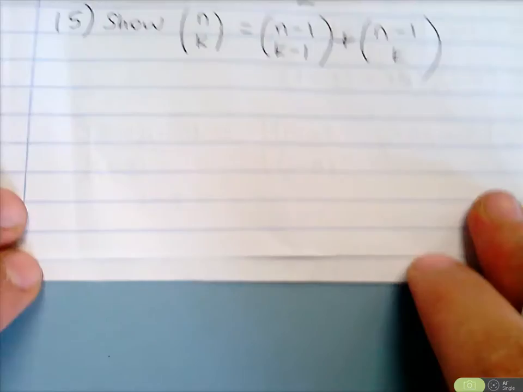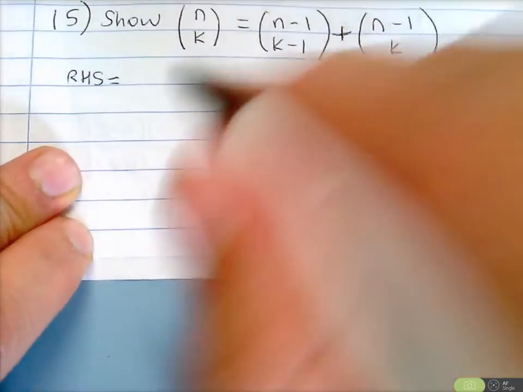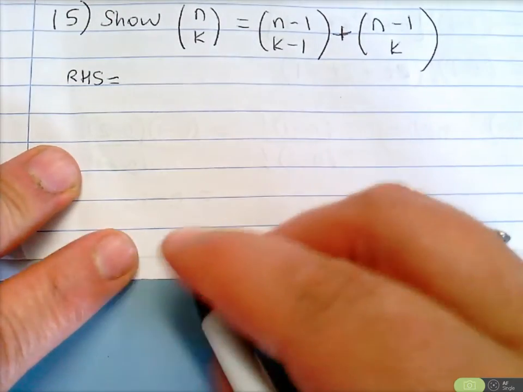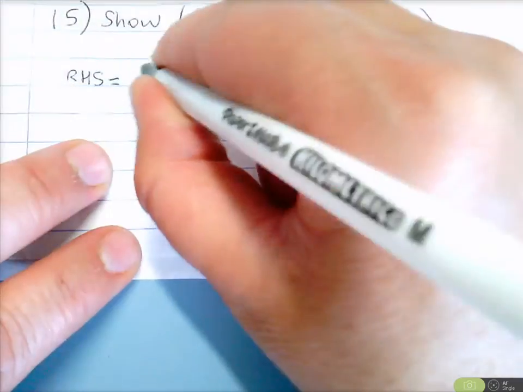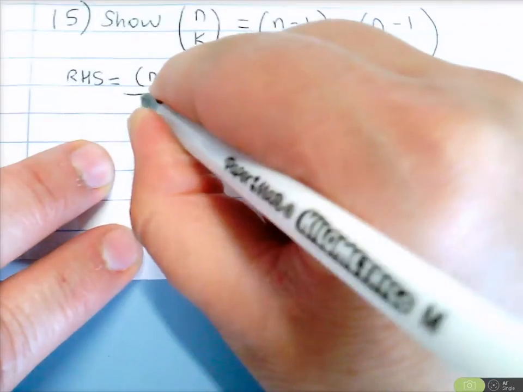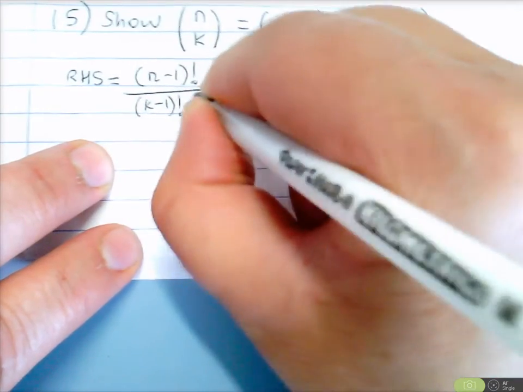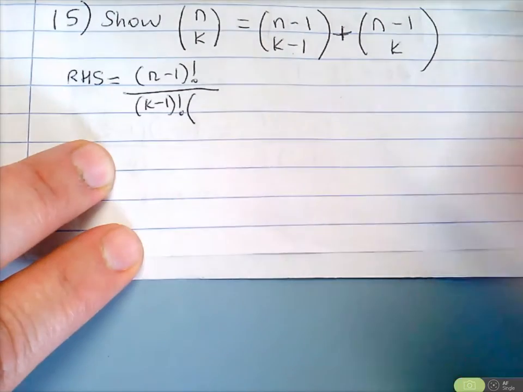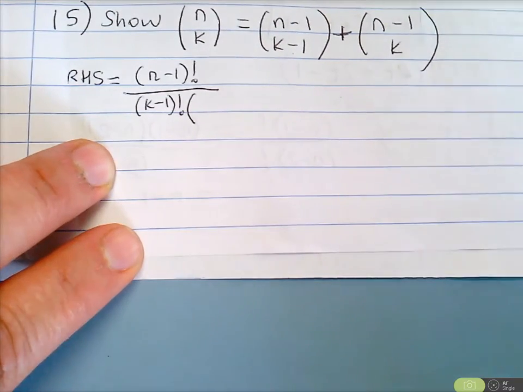Right hand side is, and I'd be writing it straight away as, oh, this can be messy. All right, let's go. What are you going to do? n minus 1 factorial over k minus 1 factorial times n minus 1 minus k plus 1, or minus 1?